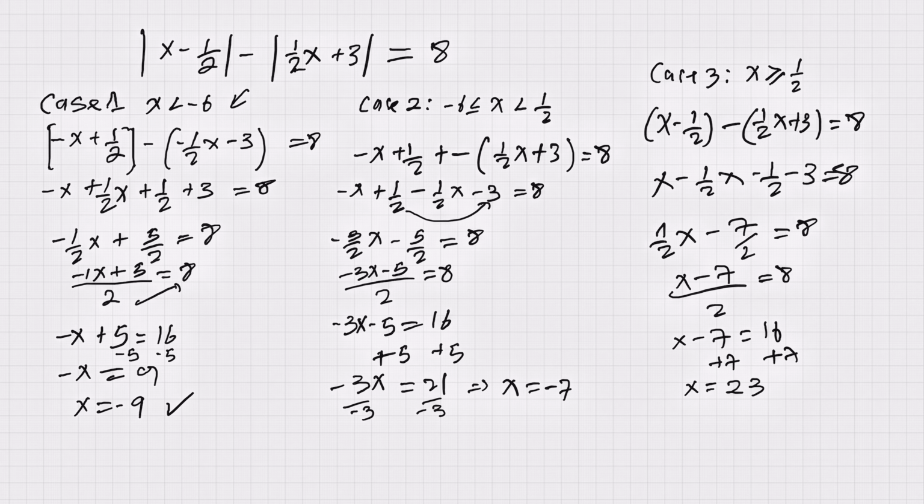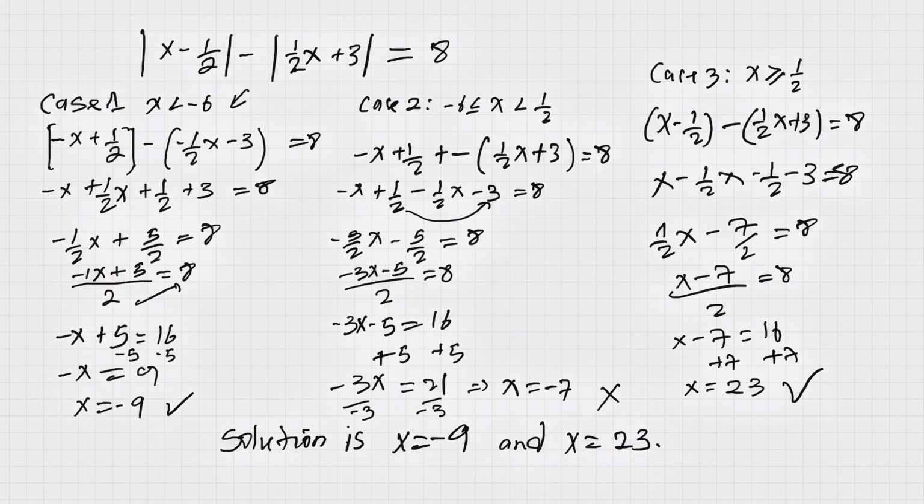In case 2, does negative 7 fall in this interval from negative 6 to half? Not true. If we look at case 3, x is greater than or equal to half, does 23 fall in that interval? Correct. So our solution to this problem is x equal to negative 9 and x equal to 23.